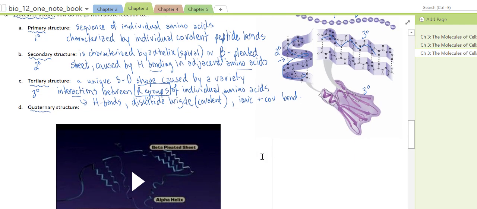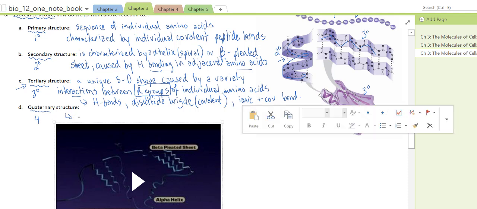Finally, it's not shown in this picture over here, but the fourth level of structure is when a protein has two or more tertiary levels of structure that interact.